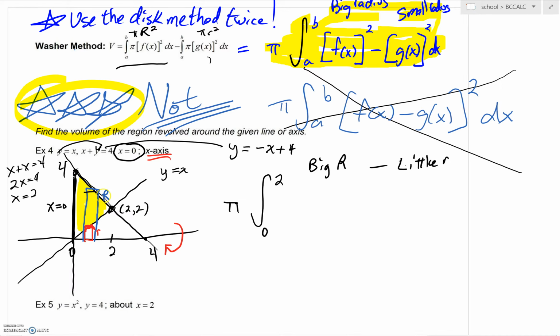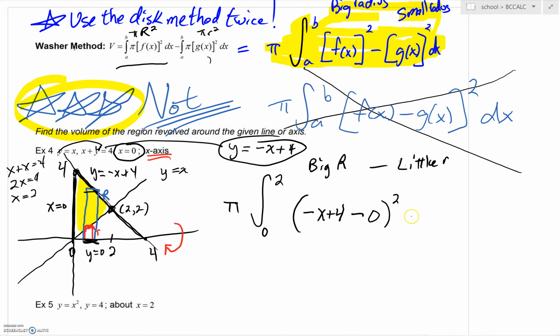The big radius, do top minus bottom. What's this top equation? Well, it's y equals negative x plus 4. So I'm going to go negative x plus 4 minus, well, what's the bottom of this rectangle? Well, it's y equals 0. It's the x-axis. So we're going to square that.